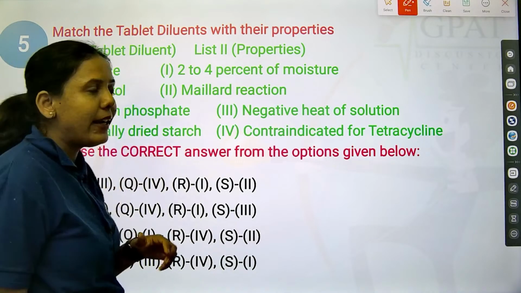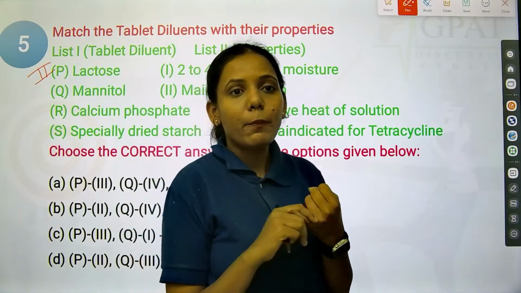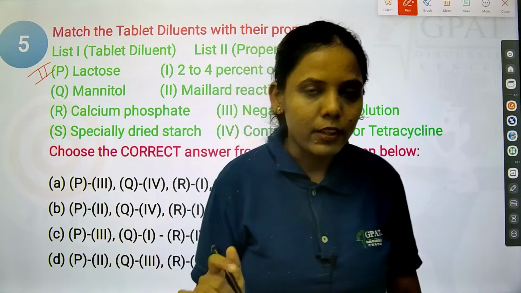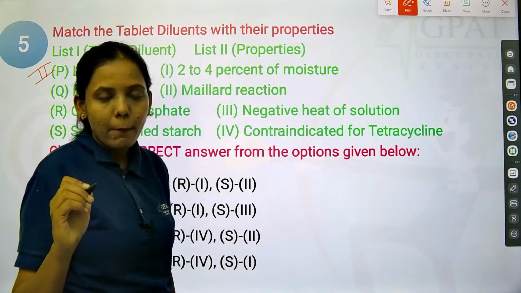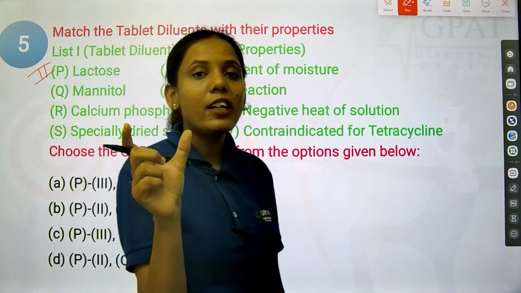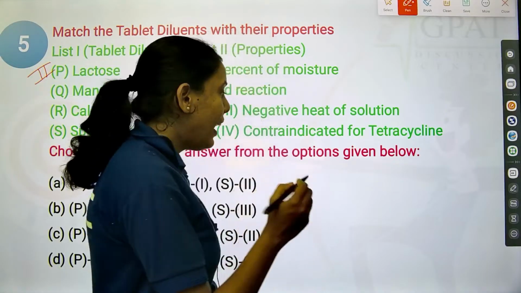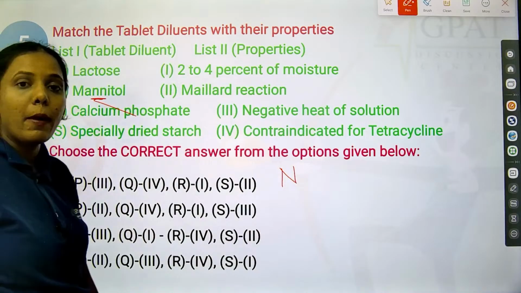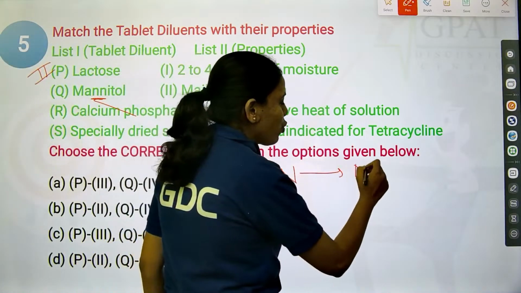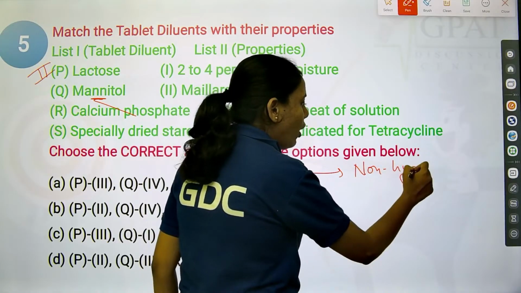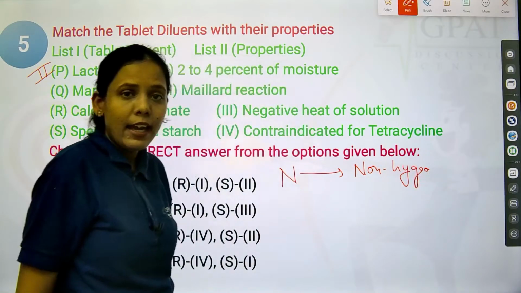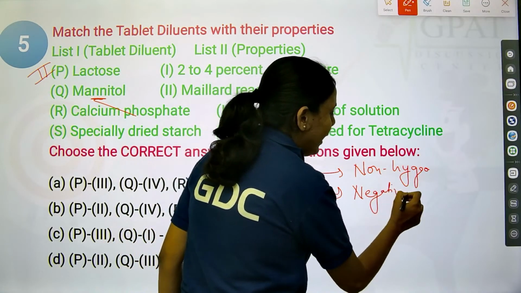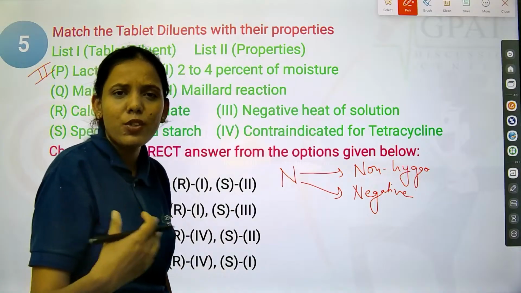Next is mannitol. There are very crucial things regarding mannitol, and they will ask you questions regarding this. How can you remember mannitol? Which letter is repeated in mannitol? Letter N. So you remember N. N for non-hygroscopic. Mannitol is non-hygroscopic. It has a negative heat of solution. Negative heat means it will give a cooling sensation, used in chewable tablets.